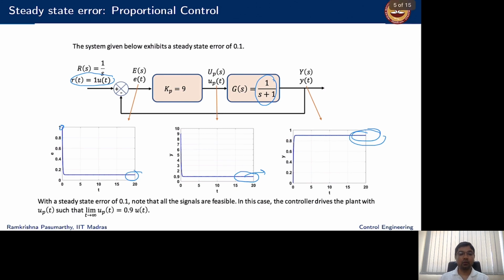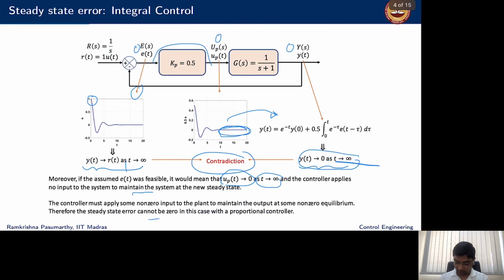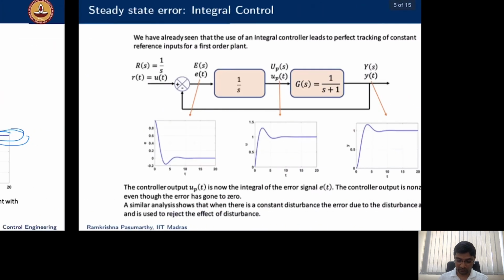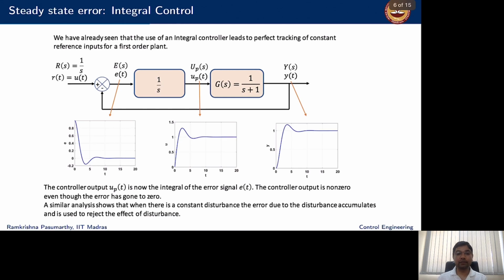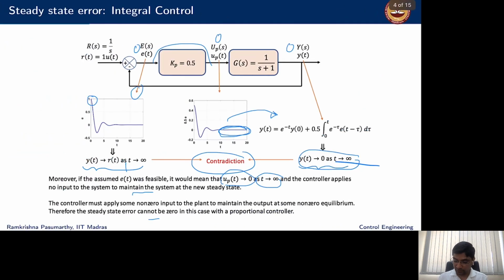We understand why, with a proportional controller, the steady state error cannot be zero, especially because I'm looking at a type zero system here. What happens with integral control? We'll also revisit this statement: the controller must supply some non-zero input to the plant to maintain the output at some non-zero equilibrium.